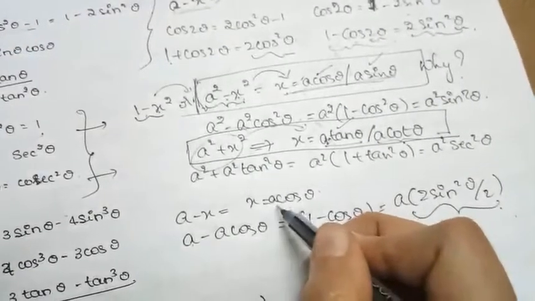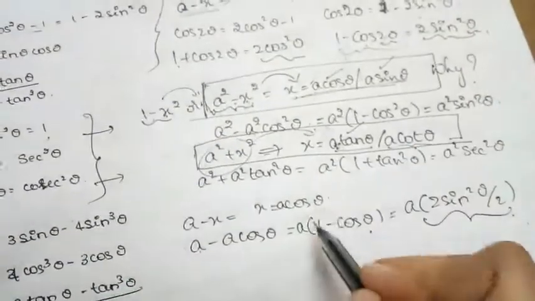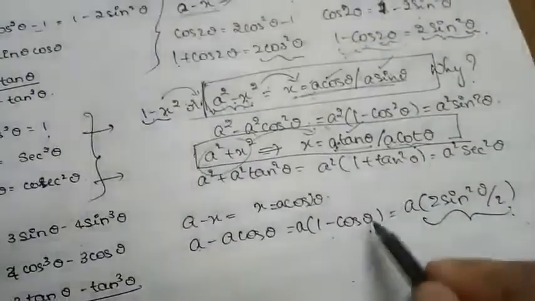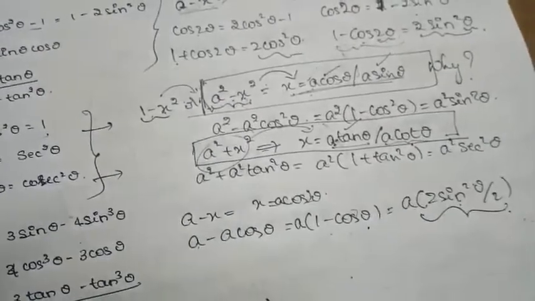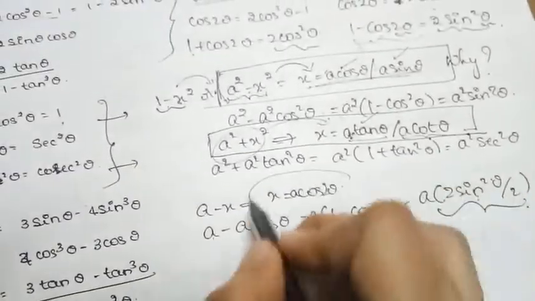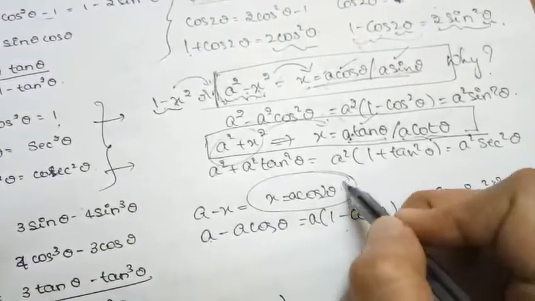Suppose according to our question, if we take a cos 2 theta, at that time we are going to get 2 sine square theta. So our substitution purely depends upon the question.